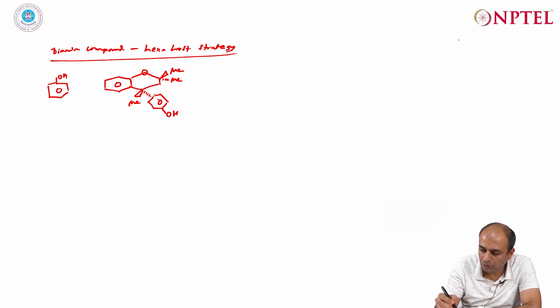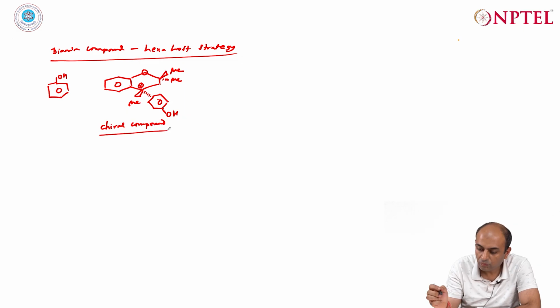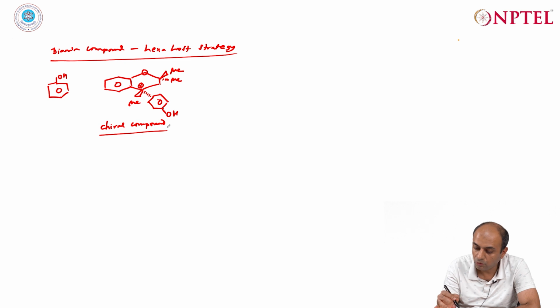So, at the para position we have replaced it by this particular hydrophobic moiety which has the oxygen atom here, and this is a chiral center. So, this is a chiral compound which is called the Dianin compound, and this compound is very versatile, very unique, because it has been found to include large types of guest molecules in the crystal structure.